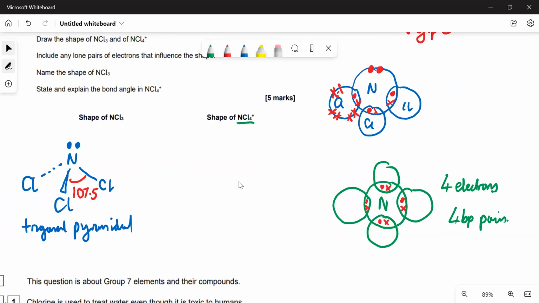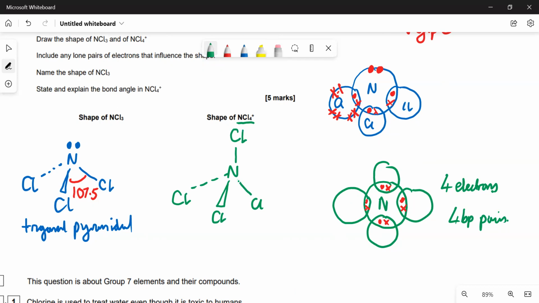It's going to be tetrahedral, like methane. So you've got 4 chlorines there, that one in the plane, that one going into the paper, and another one here.